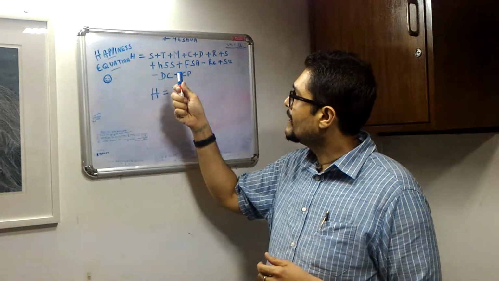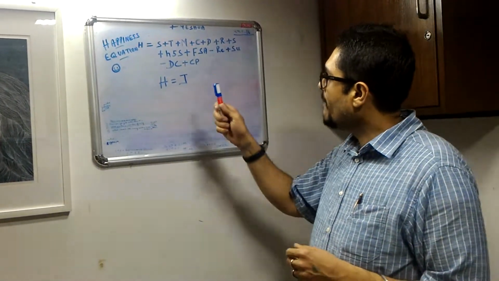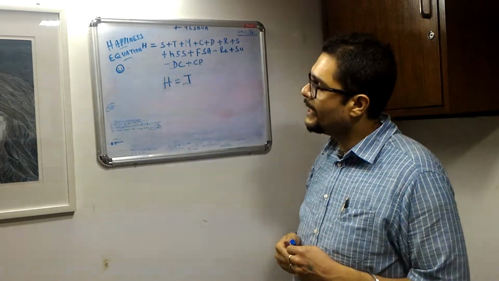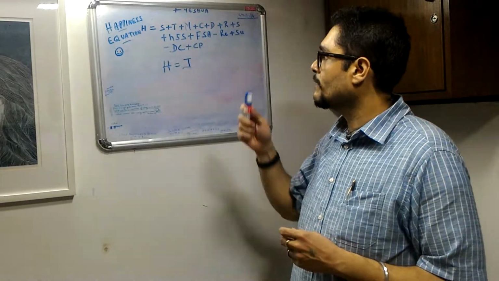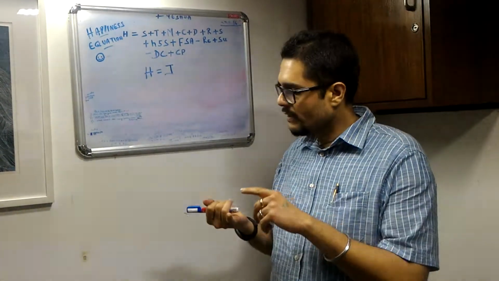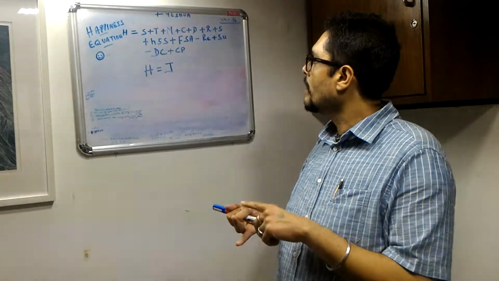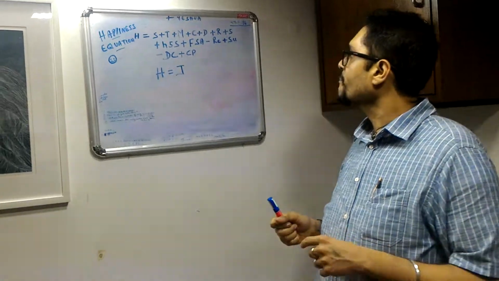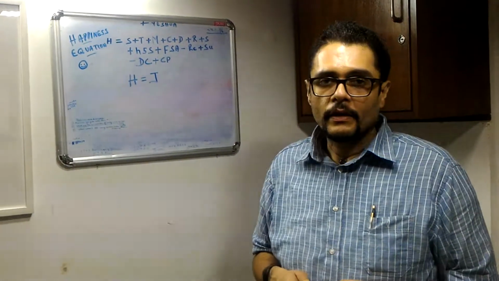Now we go towards the N5S. N5S here is basically the nourishing of the five senses. N is for nourishing, 5, and S is for senses. Now when you nourish your five senses, the taste, the touch, the sight, the hearing and the smelling, basically it makes you happy.